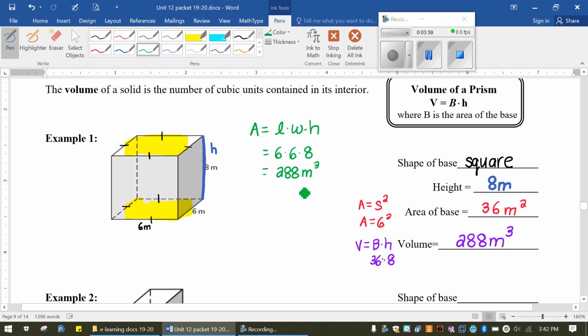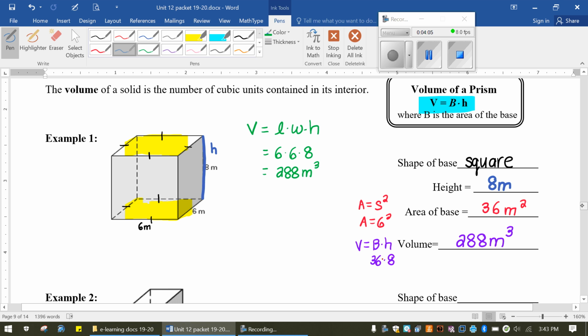You have to be careful if you use this method because it'll only work if your base is a rectangle or a square. So when we get down to number 4, we're not going to be able to do it that way. I'm going to continue with this formula, but at the end of each problem, I will show you the volume, which is length times width times height.